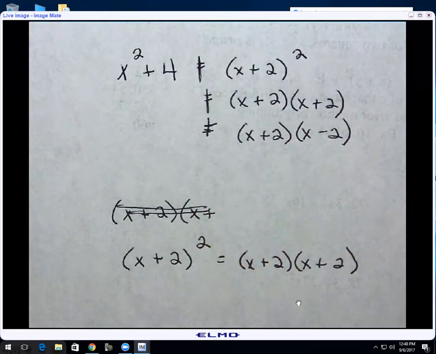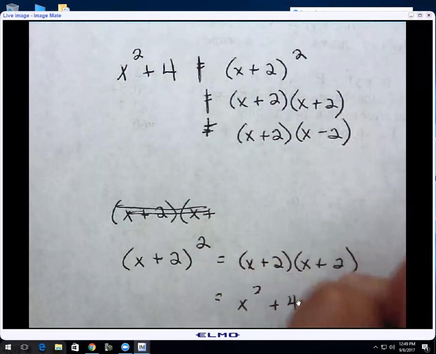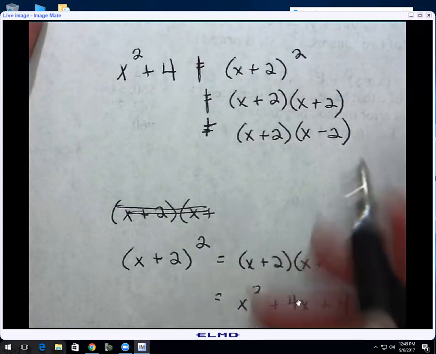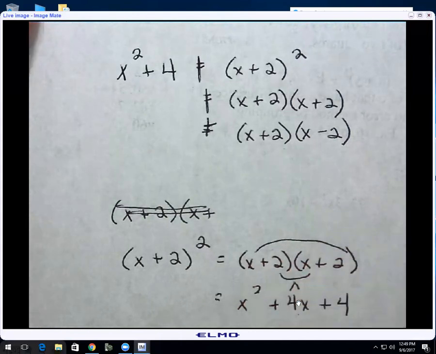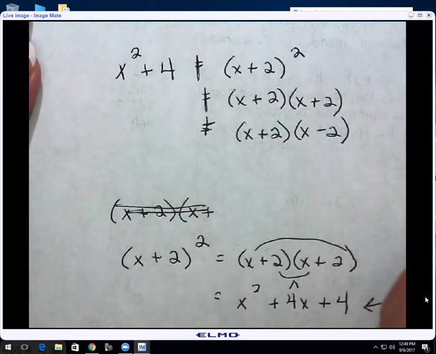I'm just going to write it down twice and FOIL it. And when you do, and you combine like terms, you get x squared plus 4x plus 4. That 4x in the middle comes from combining the outer and the inner terms. Well, I didn't tell you this yesterday, but that is called a perfect square trinomial.